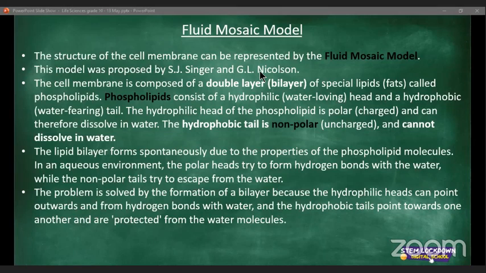I'm sorry, Chloe, I'll repeat that. The lipid bilayer forms spontaneously due to the properties of the phospholipid molecules. So what are the properties? The phospholipid molecules consist of a hydrophilic head and a hydrophobic tail.